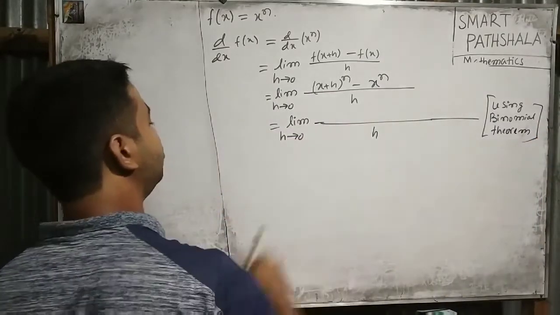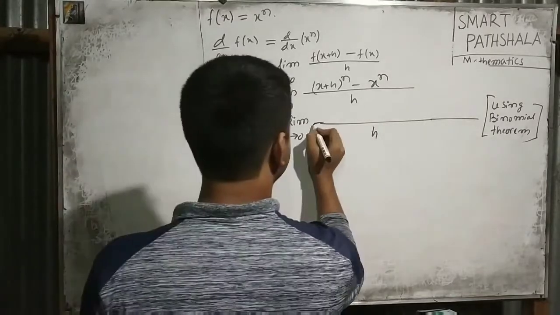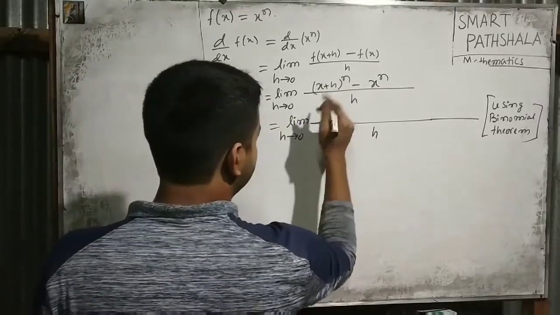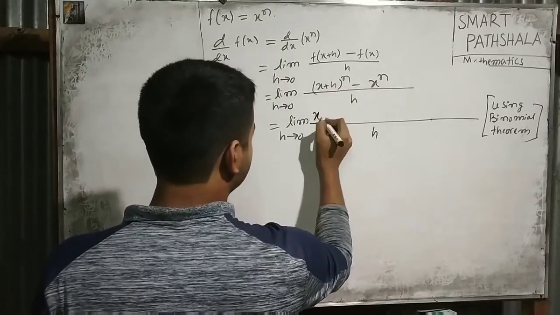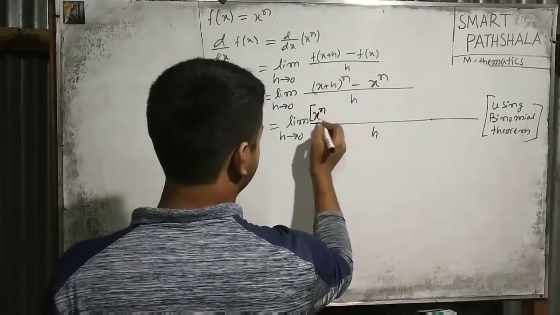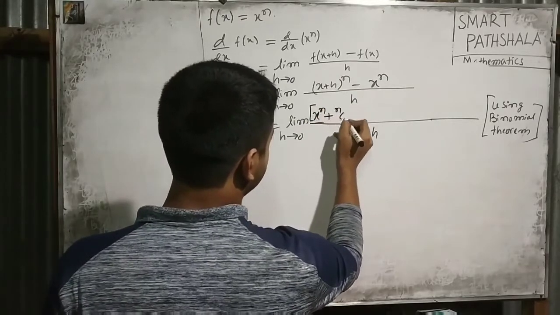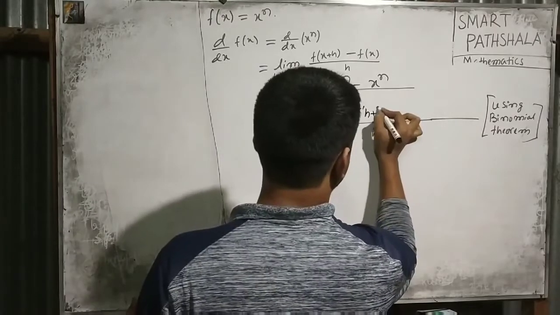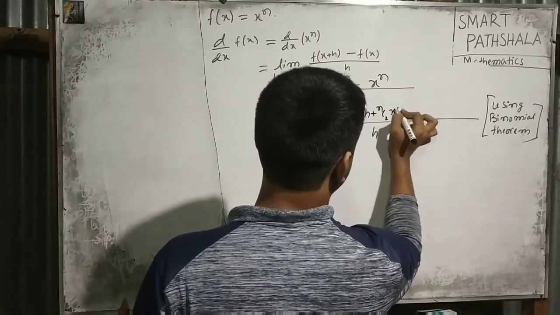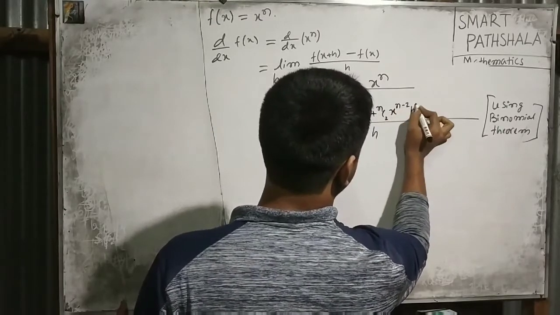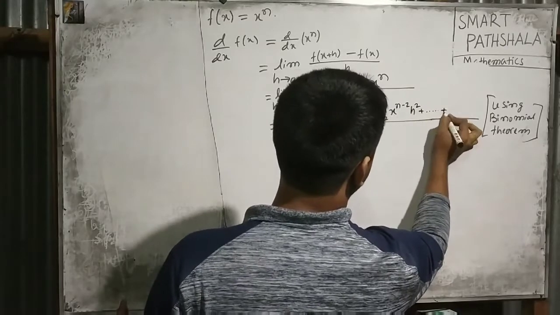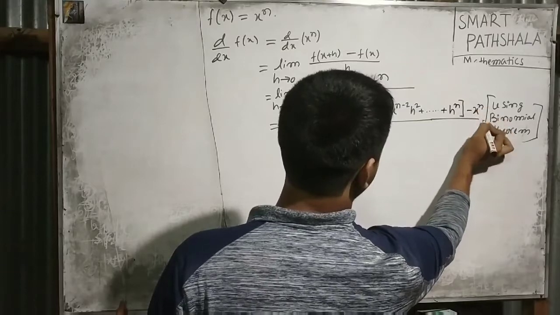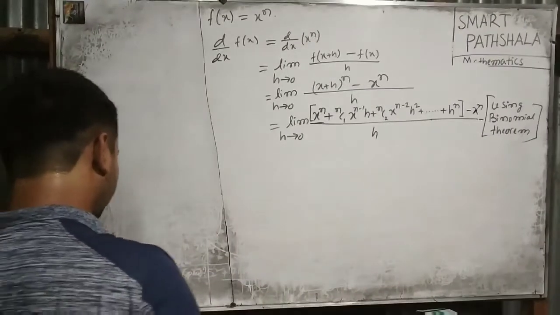If we apply the binomial theorem and expand this (a plus b) whole to the power n term, that is (x plus h) whole to the power n, you will get x to the power n at first, plus nC1 x to the power n minus 1 h, plus nC2 x to the power n minus 2 h square, and so on, and at the end h to the power n, then minus x to the power n.